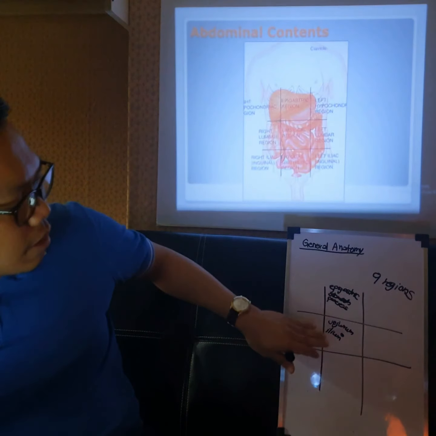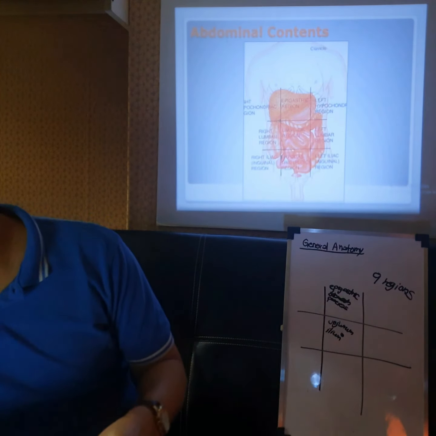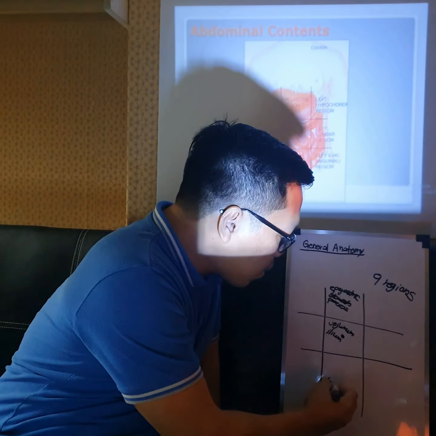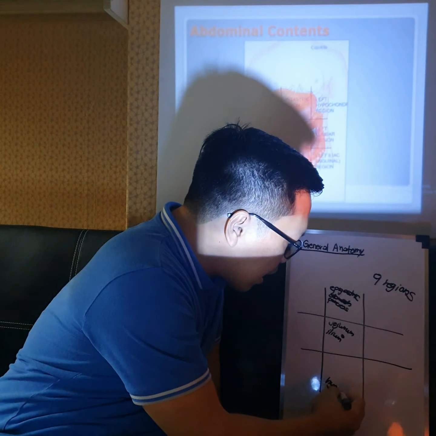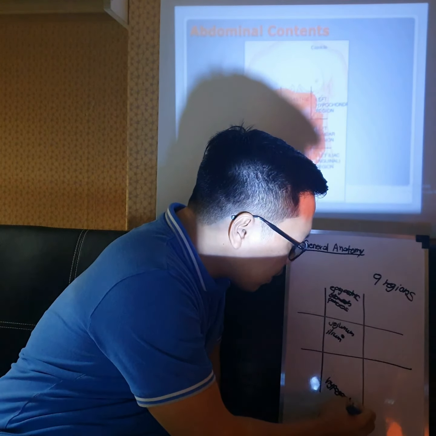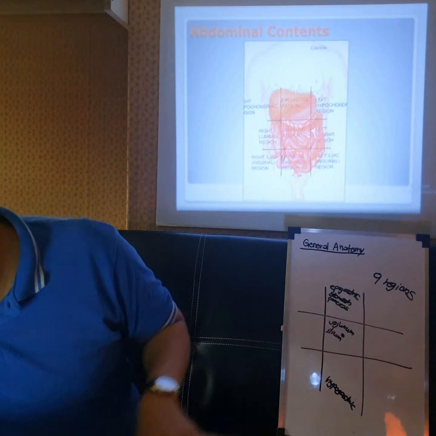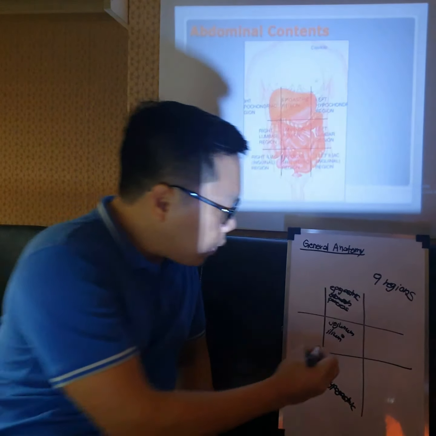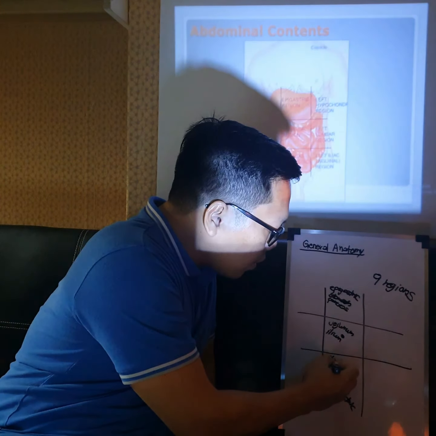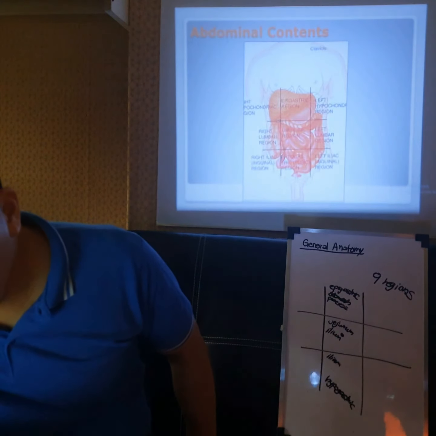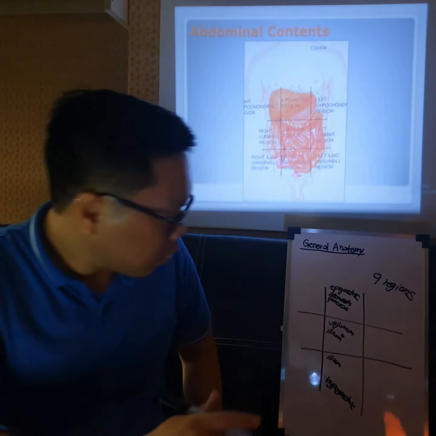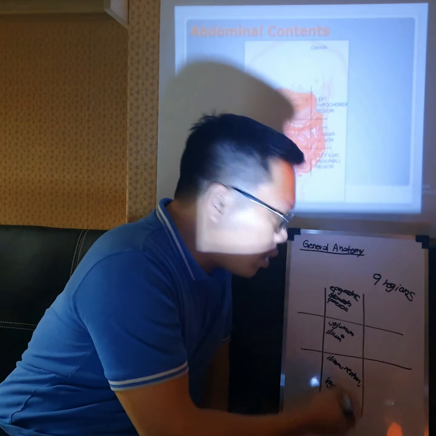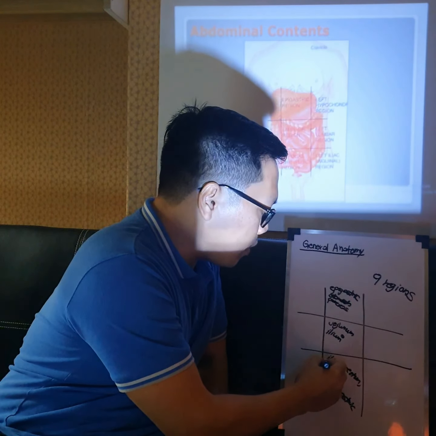Okay, ano naman yung nasa ilalim ng umbilical region? We call it the hypogastric. Diba kapag hypo, mababa, hypogastric region. And what structures do we see dito sa hypogastric region? We see parts of the ileum, also the rectum, urinary bladder, can also be seen here.